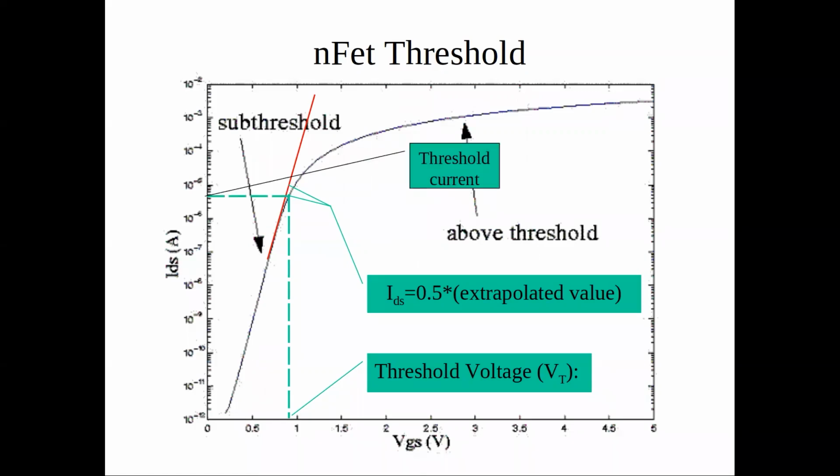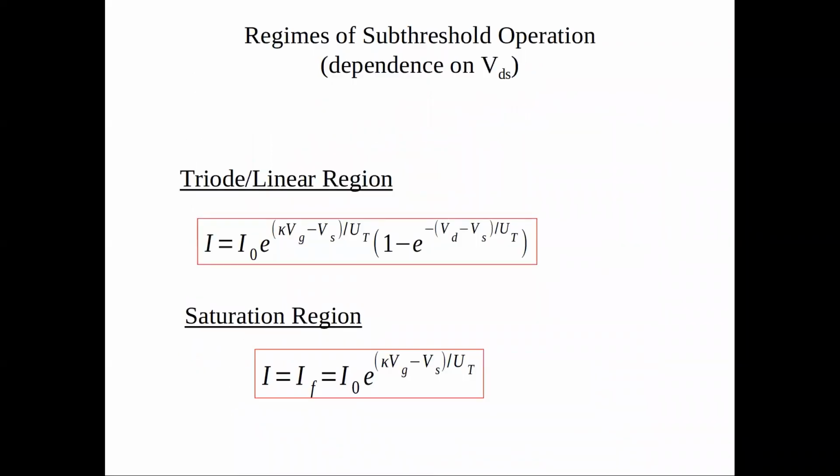So now we can actually simplify the equation. We can multiply by e to the minus Vs and take it outside of the equation, so that we have e to the kappa Vg minus Vs outside. We have a 1, and e to the minus Vd minus Vs here. So we just did some algebra. We just collected the e to the minus Vs and put it outside.